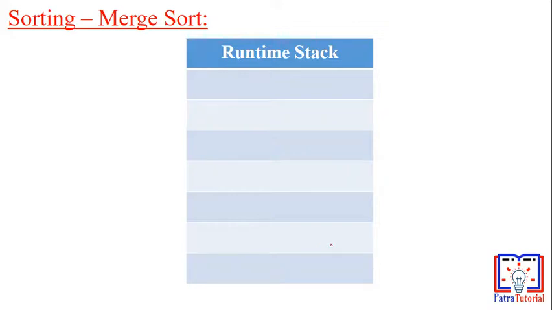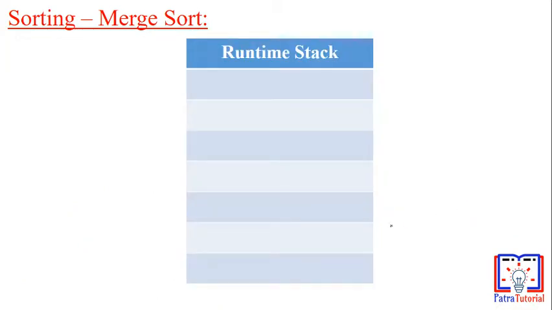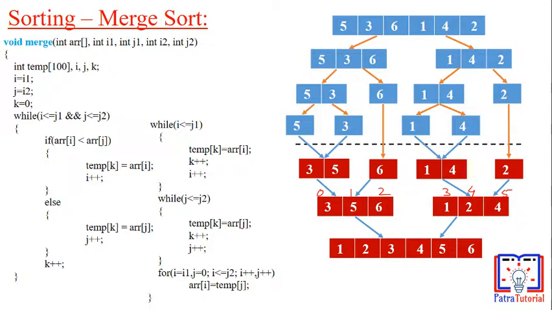See, 0 1 2 3 4 and 5, right? So 0 to 2 and 3 to 5. After applying the merge function to these two arrays, the resultant array will be 1 2 3 4 5 and 6.